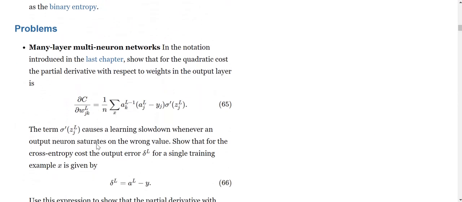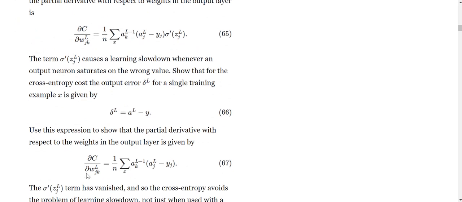Okay, so the other problem. Many layer multi-neuron networks: in the notation introduced in the last chapter, show that for the quadratic cost the partial derivative is this. The term sigmoid prime z_j^L causes a learning slowdown when an output neuron saturates on the wrong value. Show that for the cross entropy cost, the error delta L for a single training example x is given by this.